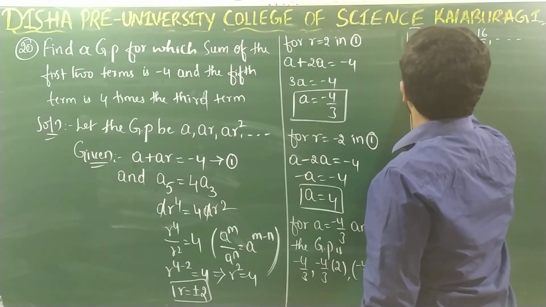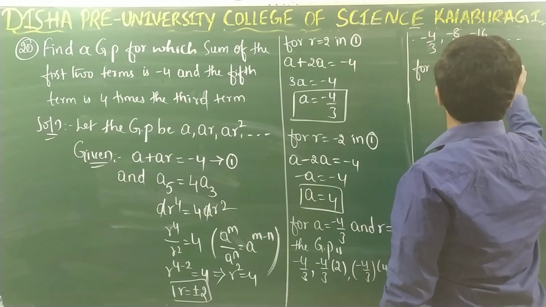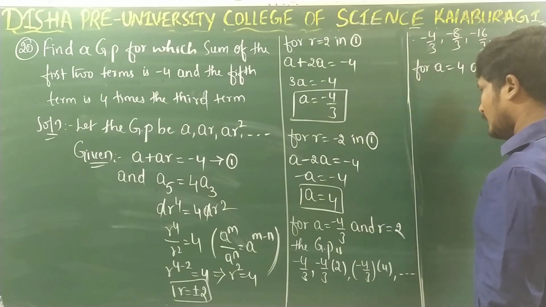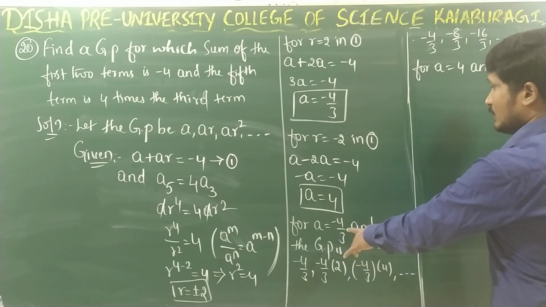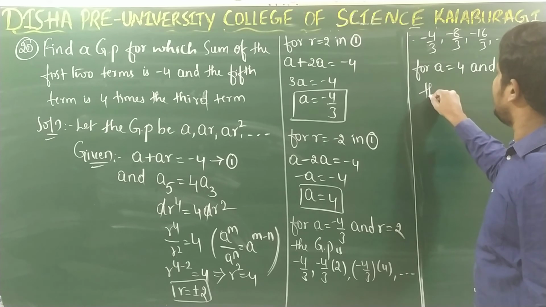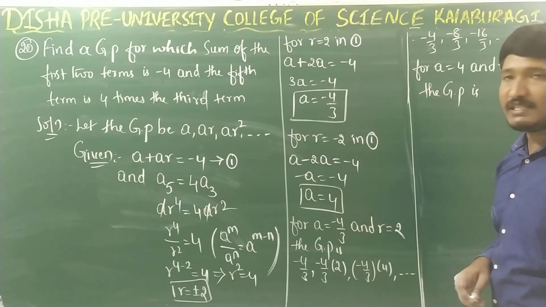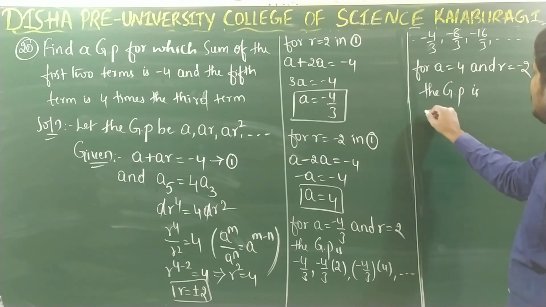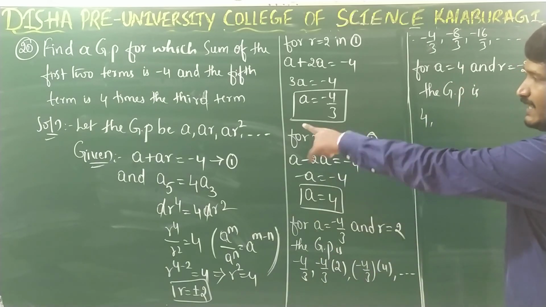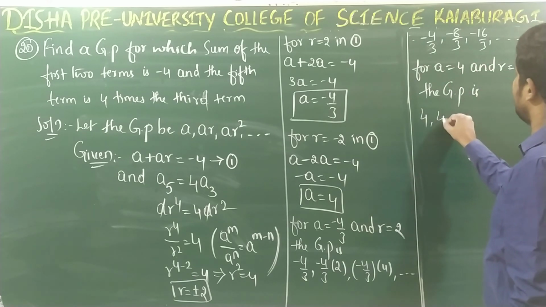For a is equal to 4 and r is equal to minus 2, the GP is, see, first term a is equal to 4, so it is 4, comma. Second term is a into r, that is 4 into minus 2.